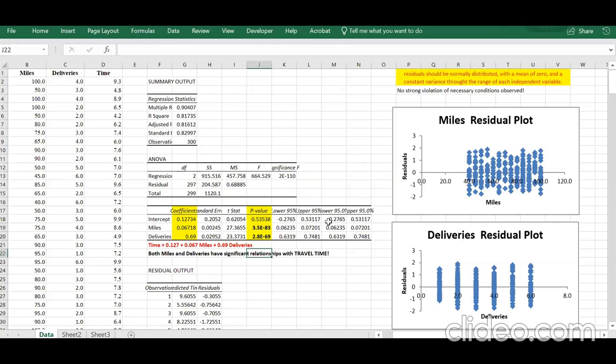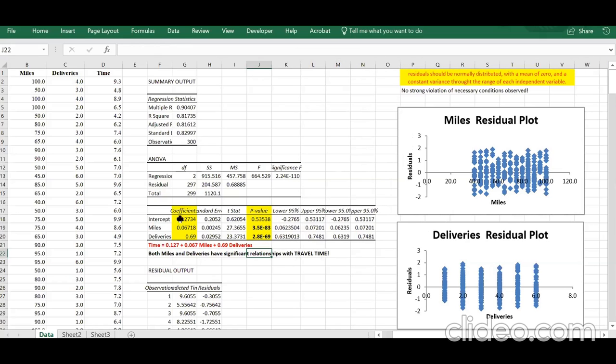And then if you are looking for a confidence interval for the actual coefficient, so what we get here for the coefficient, these are sample statistics. These are the estimated coefficient coming from this sample.